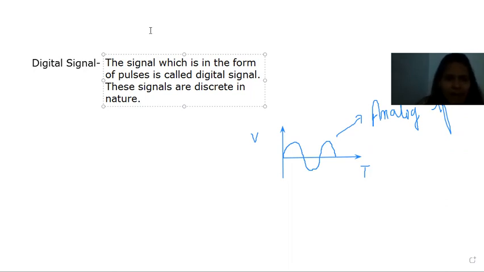Now, I will draw the digital signal. We know that the signal which is in the form of pulses is called digital signal. So now I'm drawing the pulses. These are the pulses.